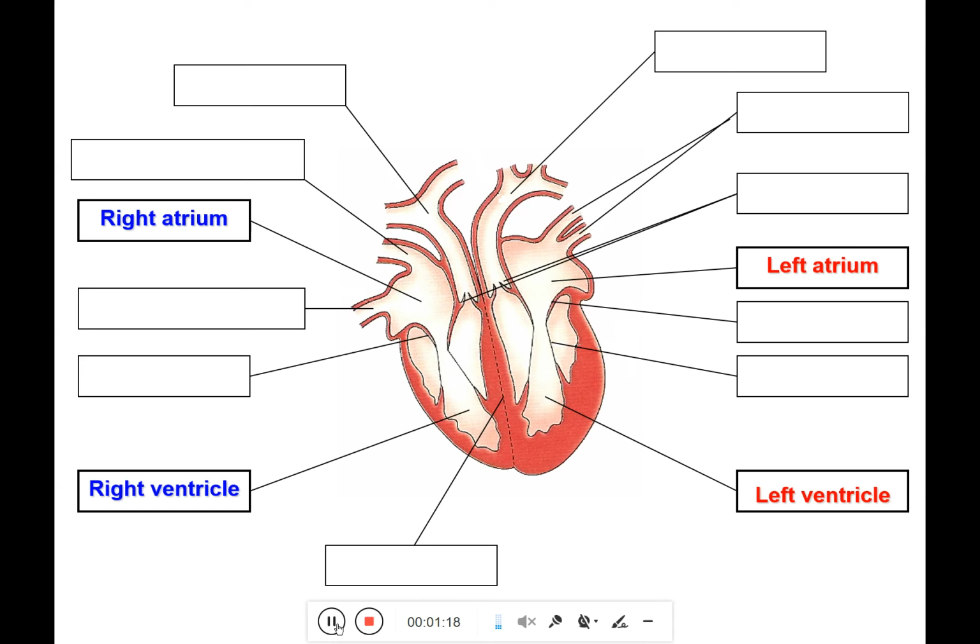The lungs carry out gaseous exchange so that the oxygen in the air sacs diffuses into the blood, and this blood becomes oxygenated and comes back to the left side of the heart, which is responsible for collecting the blood from the lungs and pumping it out to the other body parts. So that's why we have a right atrium, right ventricle, left atrium, and left ventricle.